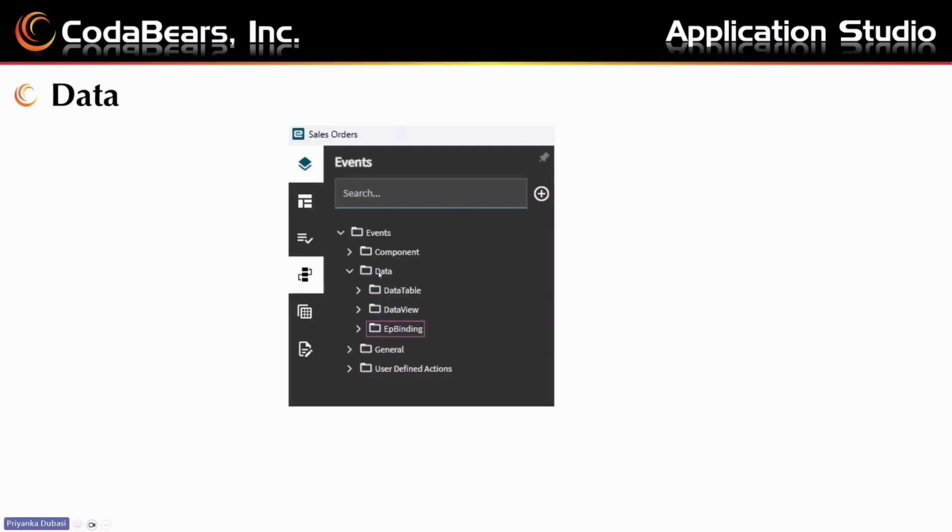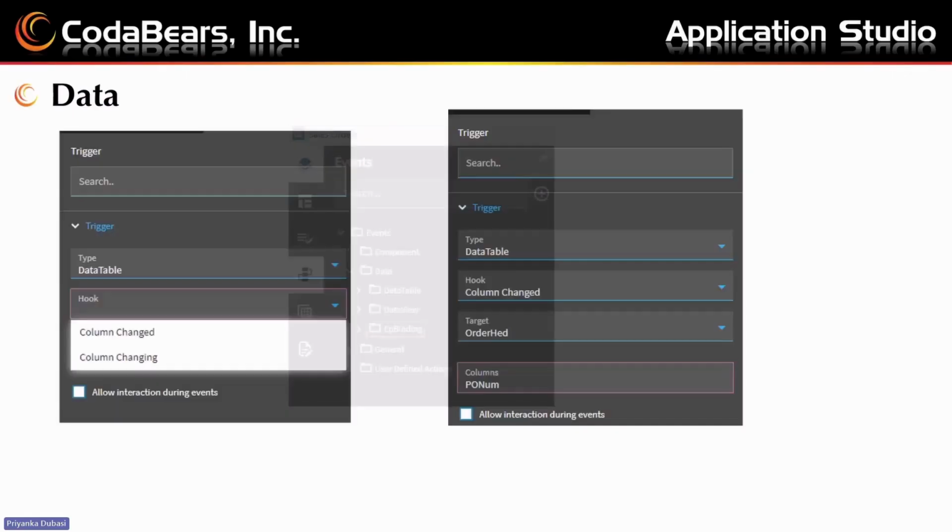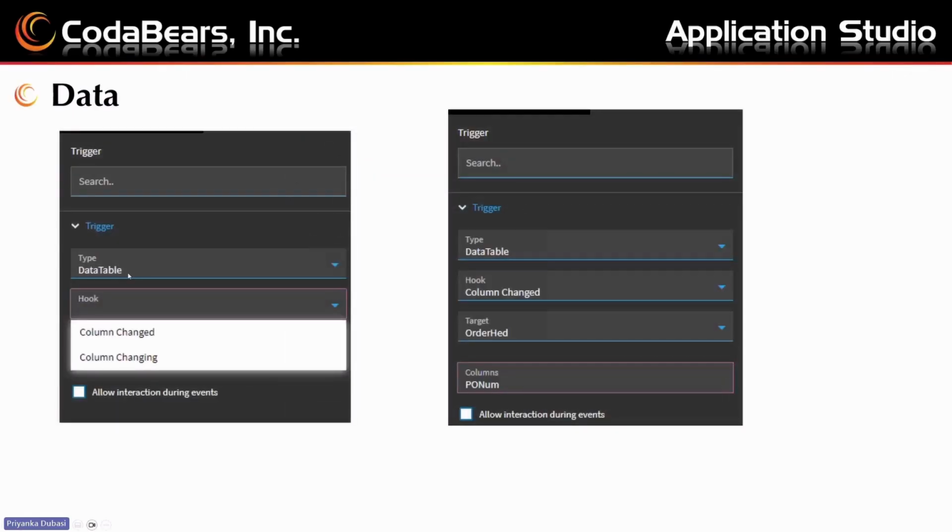The next type would be your data, and this would include your data tables, your data views, and EPI binding. Anything to do with these would fall under your data. Let's say a data table: I'm on my order entry screen, and when I change my customer ID, I need something else to happen.